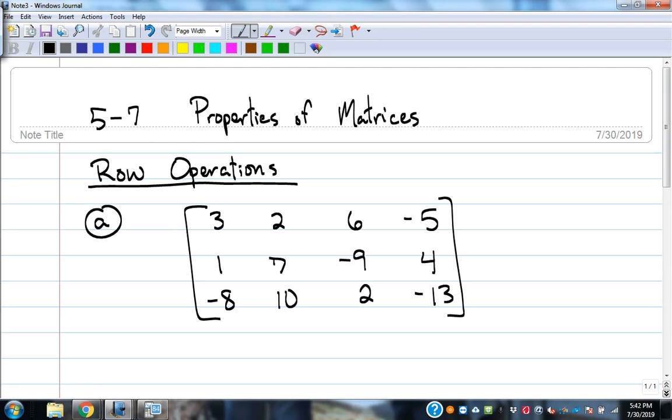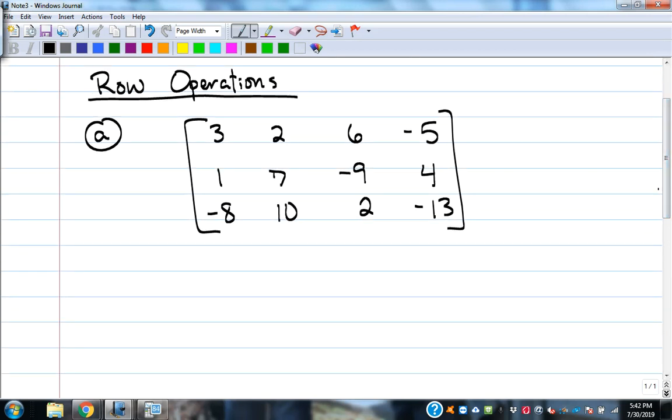And what they'll do is they'll tell you what row operation to do. There's no guesswork involved. There's nothing you've got to decode like a secret message. They're telling you exactly what to do, and all you've got to do is follow the instructions.